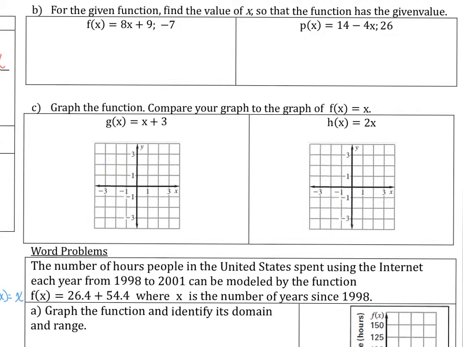Here in part B, for the given function, find the value of x so that the function has the given value. So basically, here negative 7 will be our f of x. And we need to find out what x is.